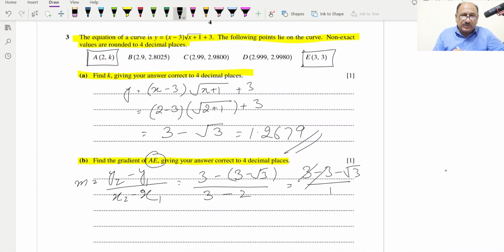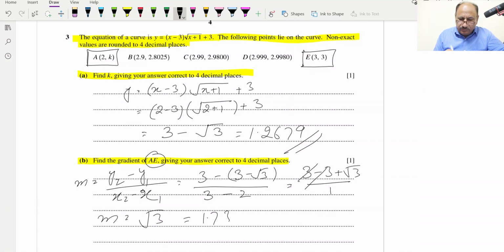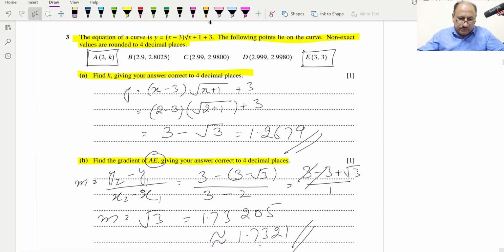So these two will be cancelled and this will be plus over here, and the gradient will be equal to under root 3. And root of 3 will be what? Root of 3 is equal to, we can write in decimal format, which is 1.73205, and for 4 decimal places 1.7321. This will be the final answer for this part.